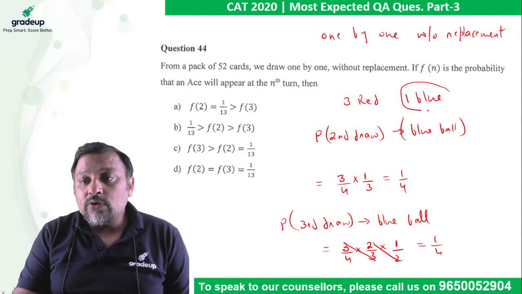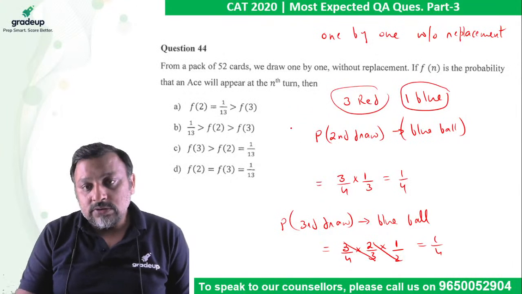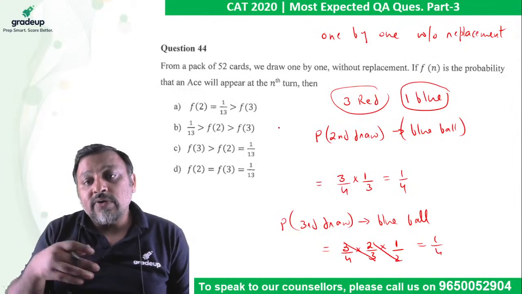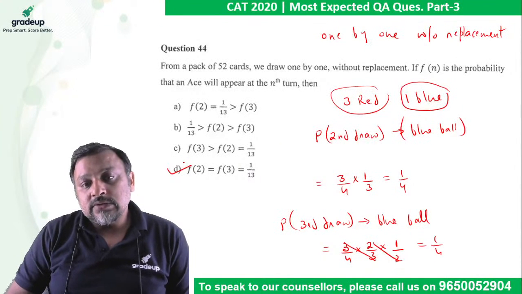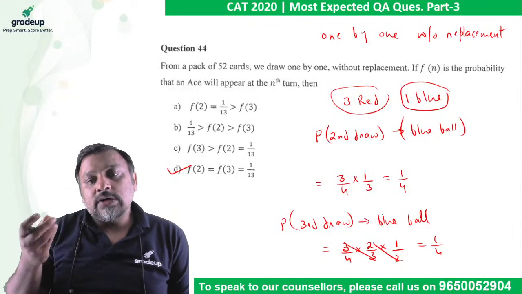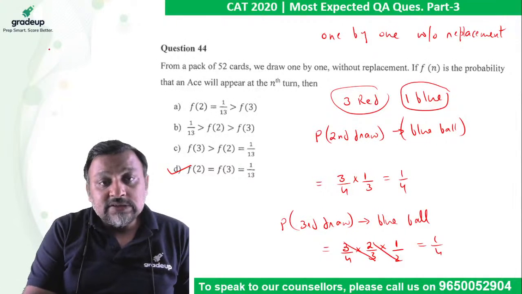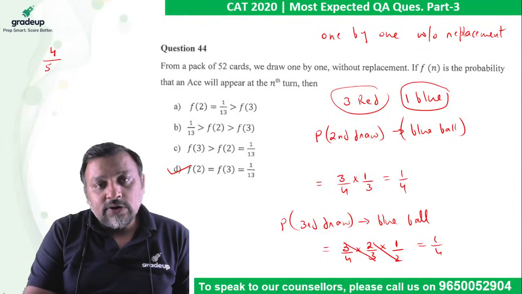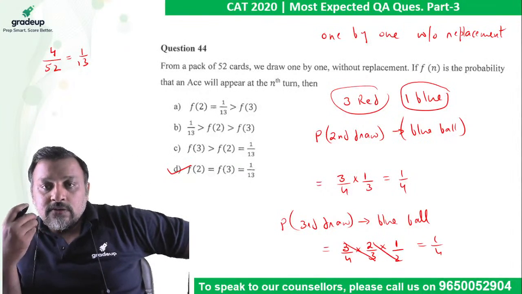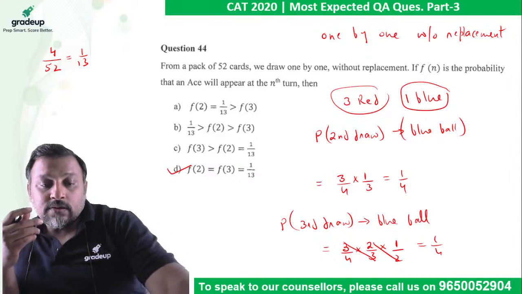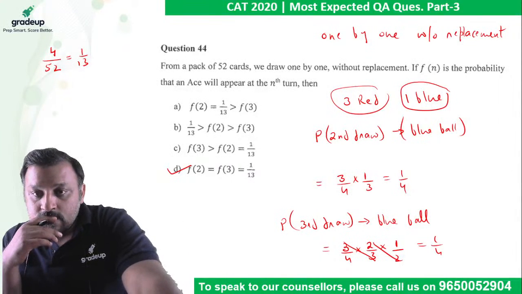It will depend upon the number of blue and red balls. It does not depend on which turn it is. So therefore, whether second turn or third or fourth or fifth, since there are 4 aces and total 52 cards, it has to be 1/13 no matter which turn it is. Very good, Priya. It is D.